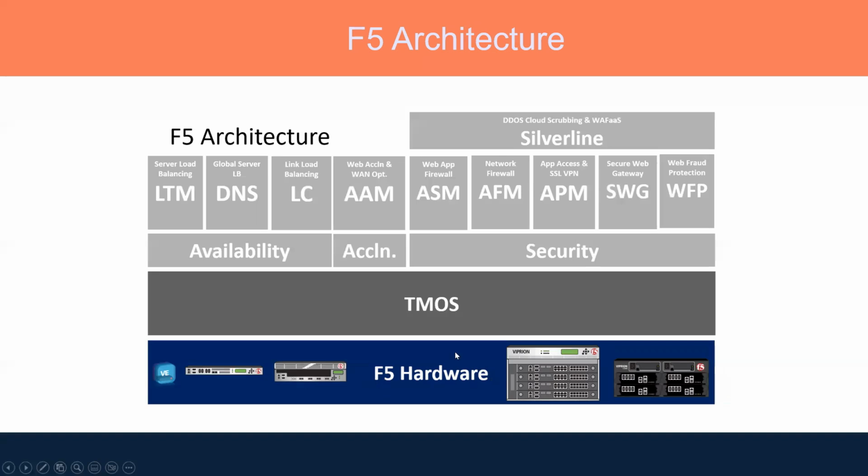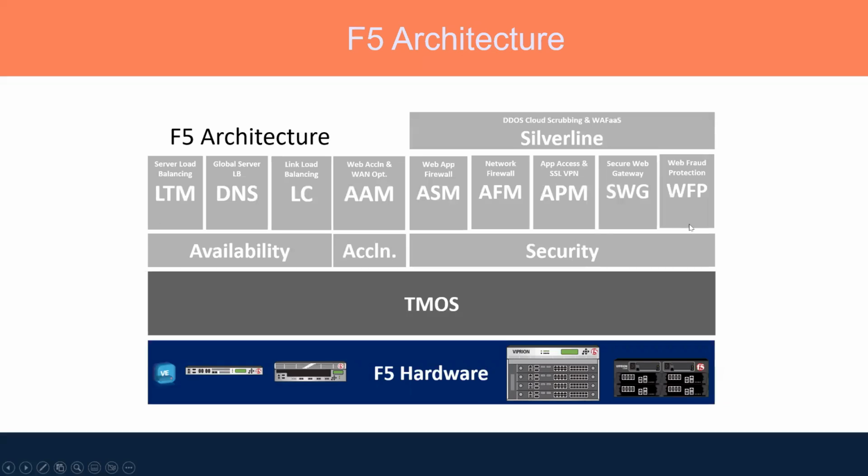On top of the hardware, their operating system would be installed, or on top of a virtual machine, their operating system would be installed. And the operating system name is TMOS, Traffic Manager Operating System. This is a customized operating system of F5. And on top of TMOS, a particular module can be enabled.